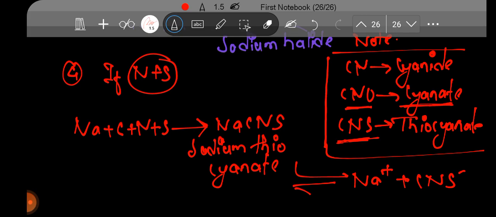Now we will go through each step of determining the nitrogen, sulfur, halogen as well as nitrogen and sulfur.